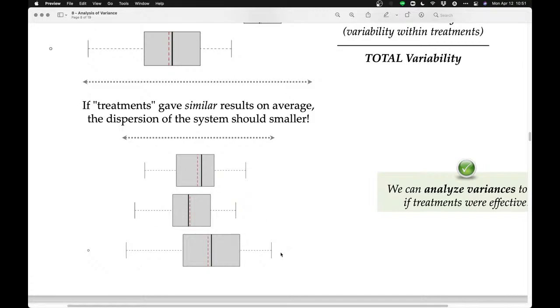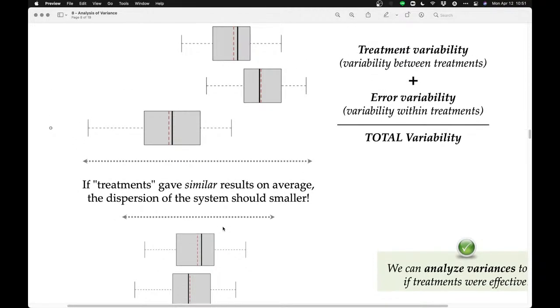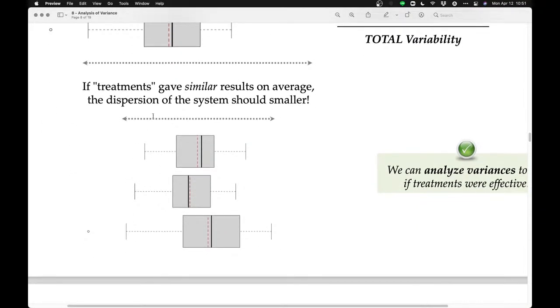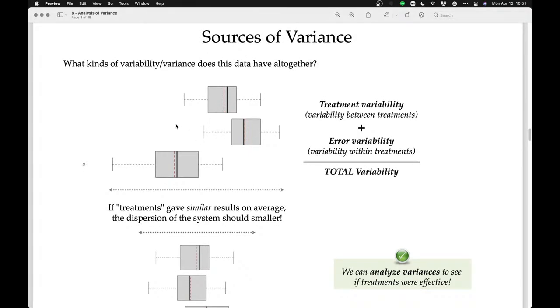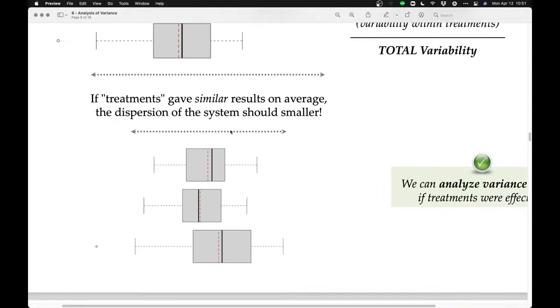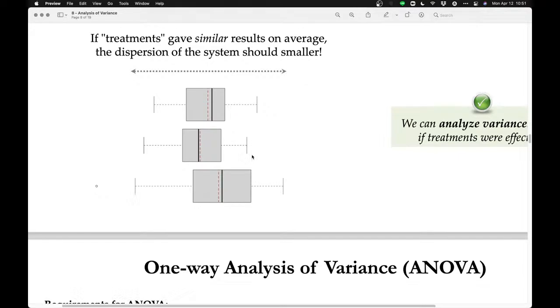They still have some variance because they have data in them. So what is the difference between this picture up here and this picture down here is effectively what it's asking. If the three treatments had no difference from each other, they would look like this picture down here.